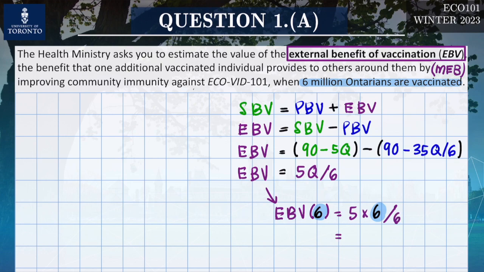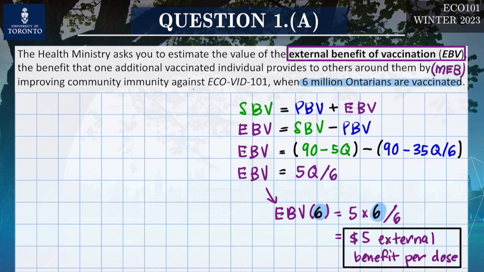And this gives us the external benefit that the last person, the 6 millionth person who received the vaccine, is transferring to others by increasing herd immunity, which is in this case a $5 positive externality that the last individual gives to other people by improving collective immunity. And we are done here. This should be our final answer.